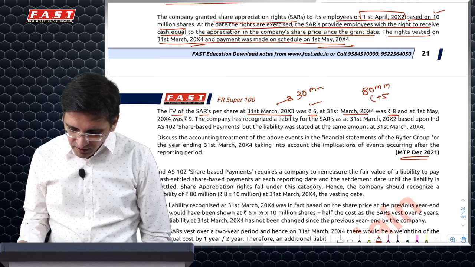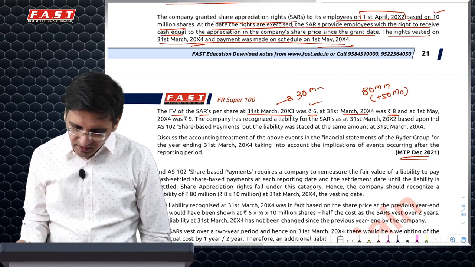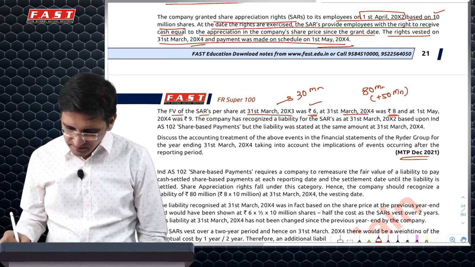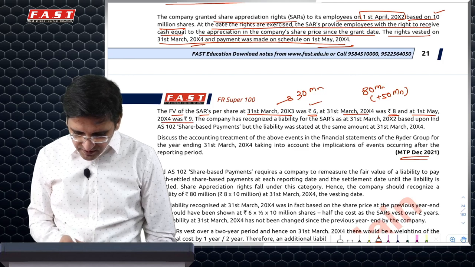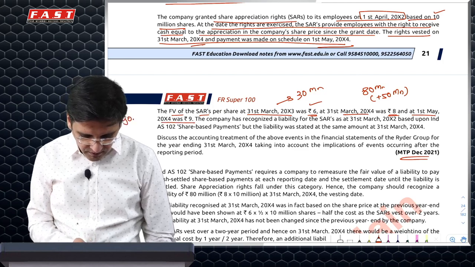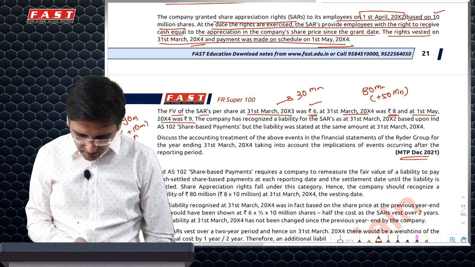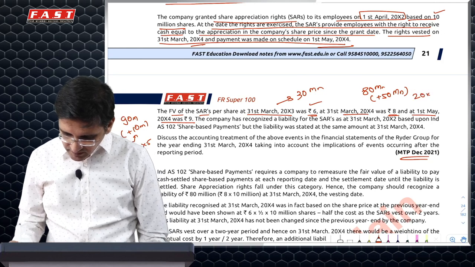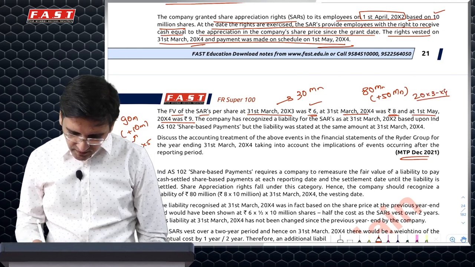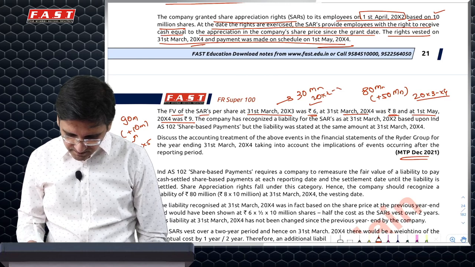That means 30 you have recognized, so you will have to recognize another 50 million of expense. On 1st May it was 9. So you'll have to pay 90 million, so you'll have to recognize another 10. But this will not be in the current year. This will be in 2004-5, next year. This would be in 3-4 and this would be in the first year.